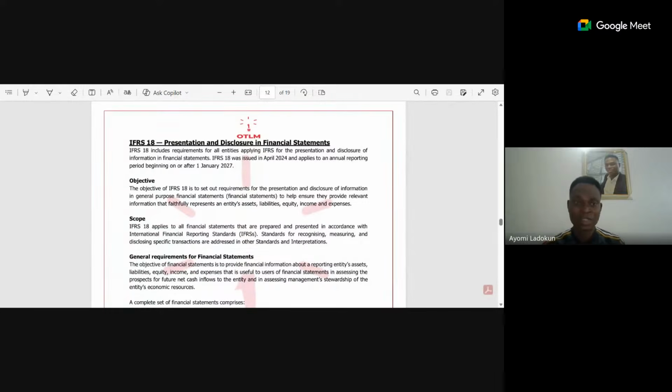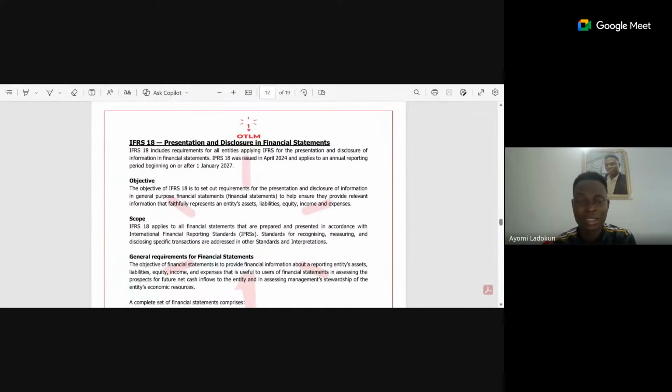Now, the objective of the standard is to set out requirements for the presentation and disclosure of information in the general purpose financial statements. If you have read the IASB Conceptual Framework, the updated version of 2018, you know that chapter 1 talks about the objective of general purpose financial statements, which is to provide information about the financial performance, financial position, and cash flow of an entity that is useful to the users of financial statements to make economic decisions.